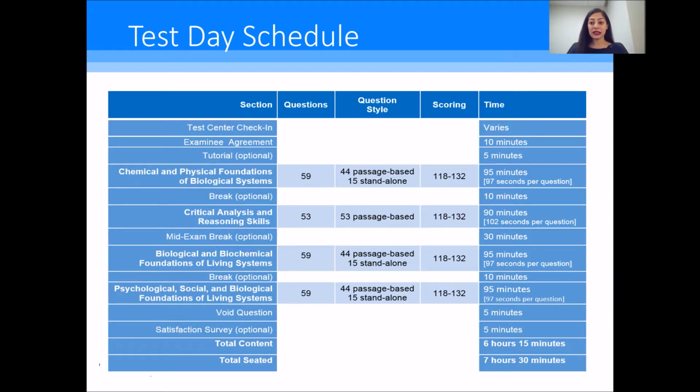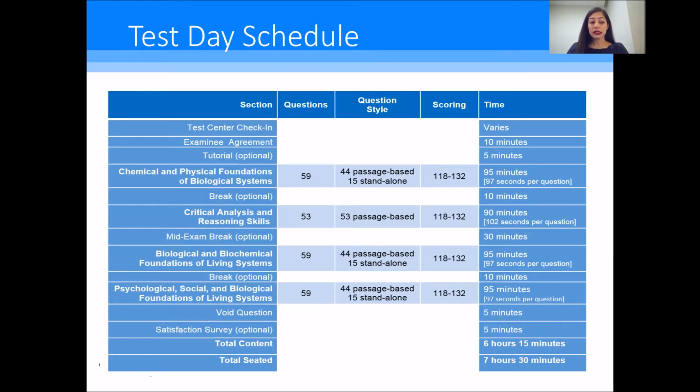Now, when test day actually rolls around, when you get to the test center, the first thing you have to proceed with is check-in. This is where they ask you for ID, certain centers take fingerprints, and the time allotted for check-in really varies. The reason is that it depends on how many people are writing the MCAT in the testing center you've chosen.